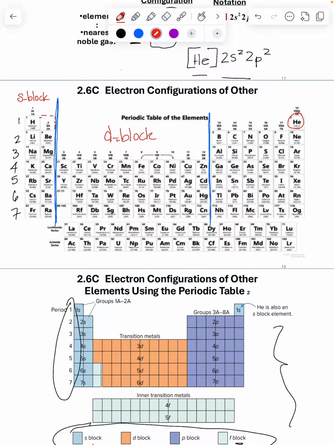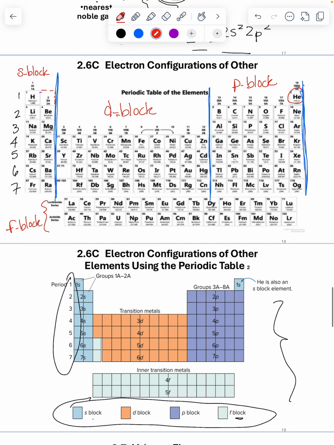And then at the very end, we have the P block. And the P block goes from the second blue line to the third blue line, so just this area. And then lastly, at the very bottom, we have the F block. And the F block consists of these two groups at the very bottom. So just like this color-coded periodic table, we have our periodic table broken up into the different blocks.